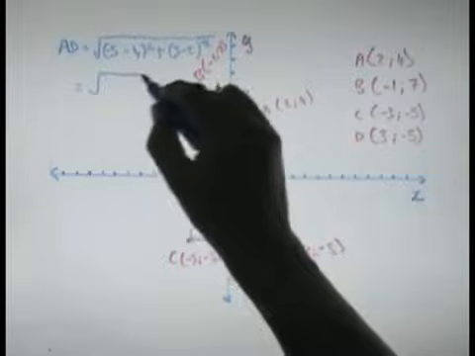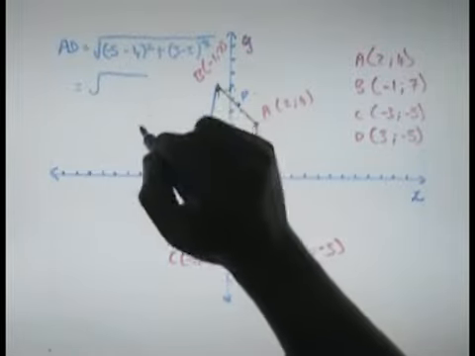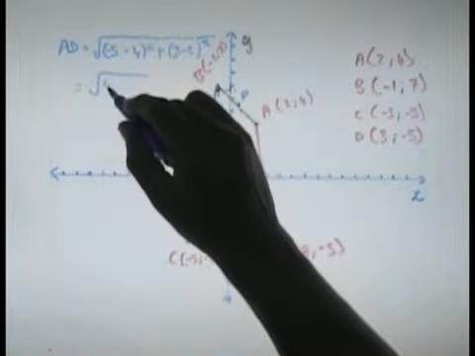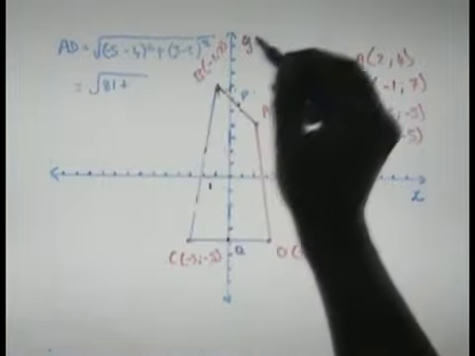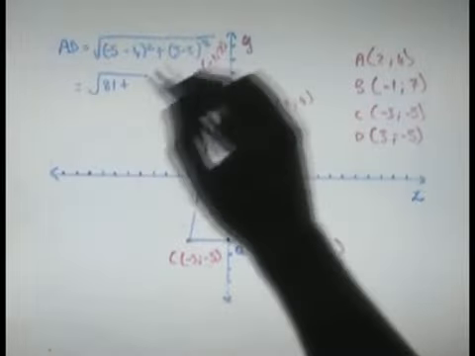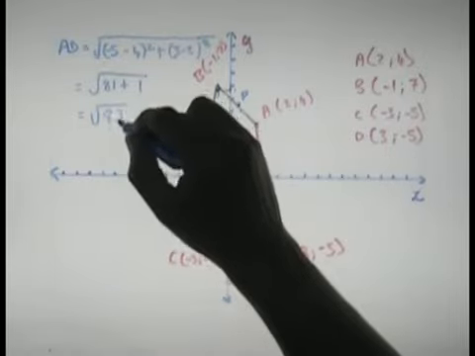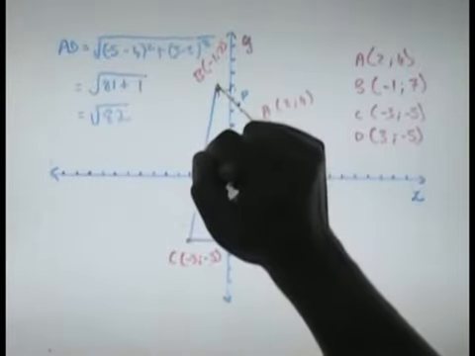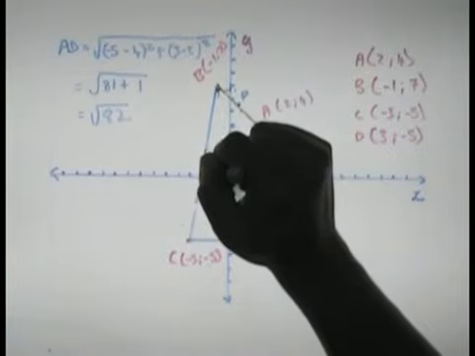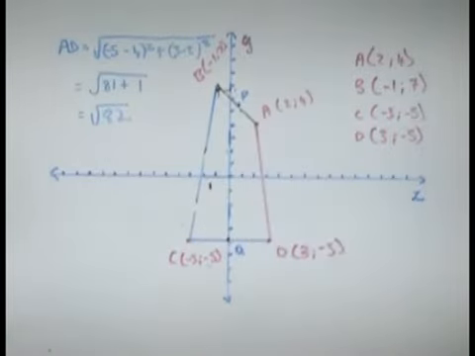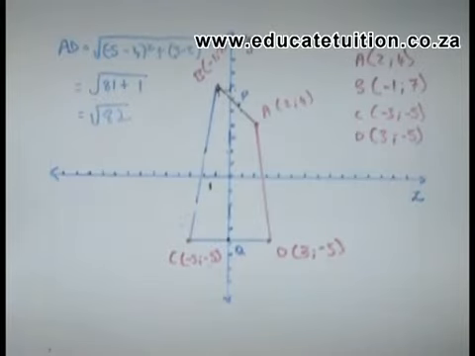And that's going to equal the square root of minus 5 minus 4, which is minus 9. Minus 9 squared is positive 81, plus 3 minus 2 is 1, squared is 1. That gives us an answer of square root 82. I don't think it can be simplified further than that. No, it can't. We can leave it in that form, square root of 82.